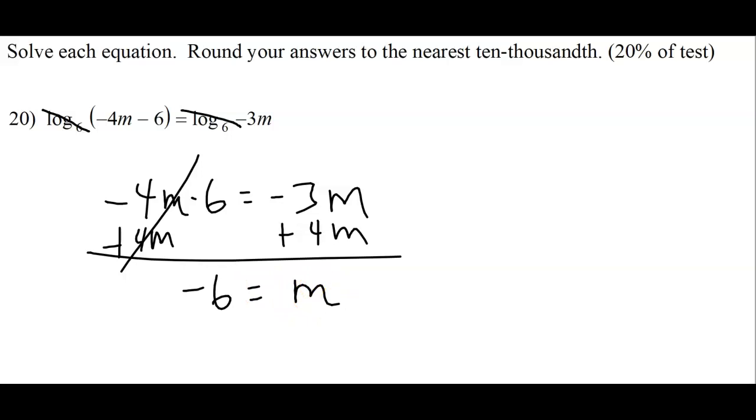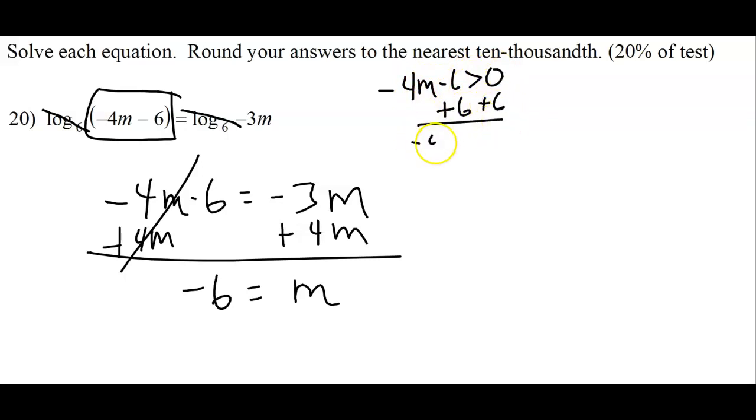Now, we have to make sure that this answer is allowed by checking our domain. So we want to see: 4m minus 6 needs to be greater than 0. So I'm going to go ahead and solve that. Don't forget, when you divide by a negative, when you're working with inequalities, it reverses the arrow. Also, in these cases, it's a lot easier just to work with fractions here. So 6 divided by 4, it's going to be -1.5, is it? 1.5?